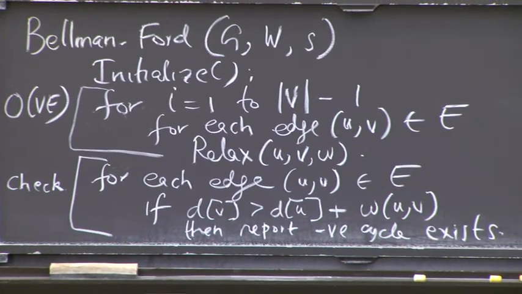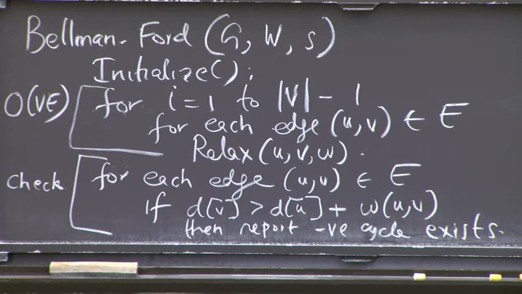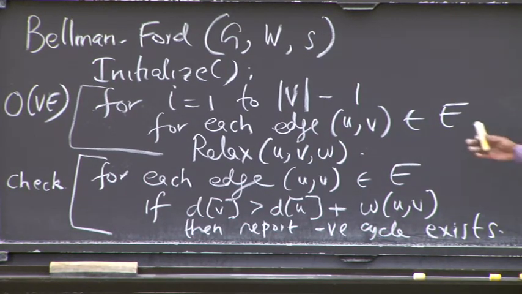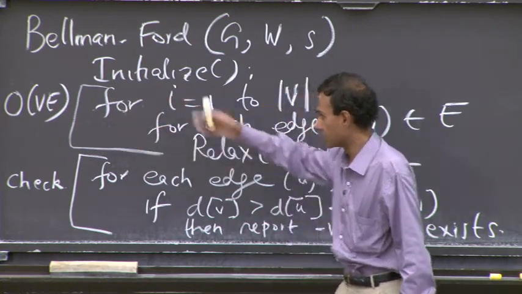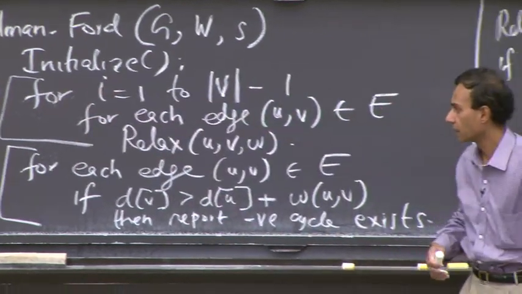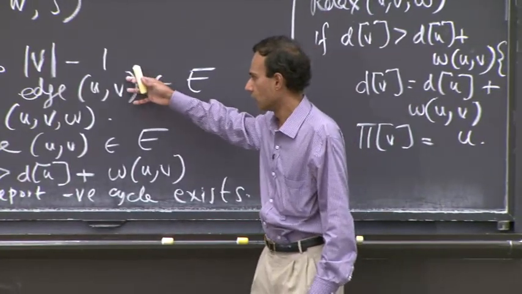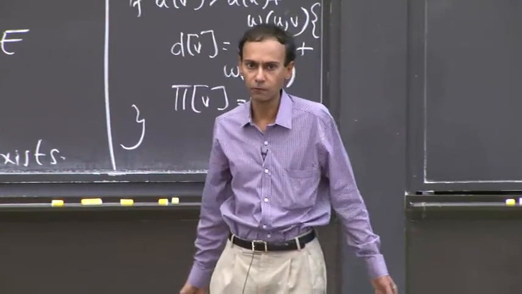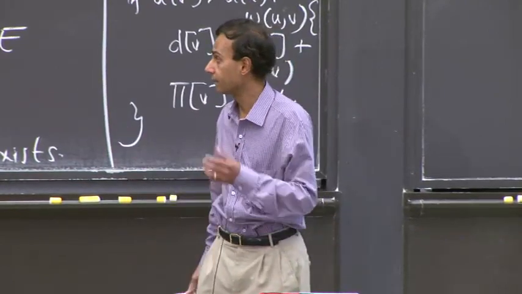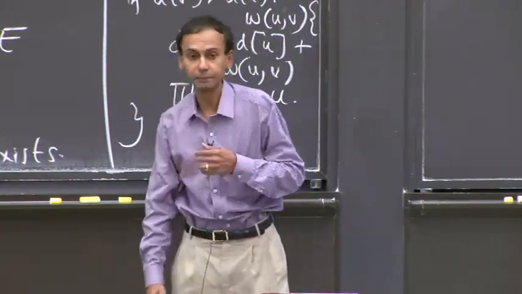You can get Dijkstra down to near-linear complexity, but this would potentially, at least in terms of vertices, be a cubic complexity. So when you have a chance, you want to use Dijkstra, and if you're forced to use Bellman-Ford because you could potentially have negative weight cycles, well, you're stuck with that. All right?